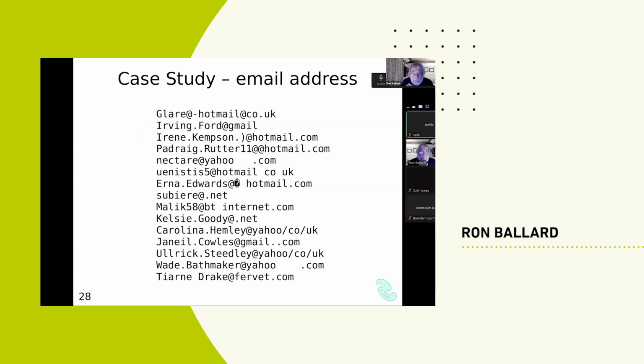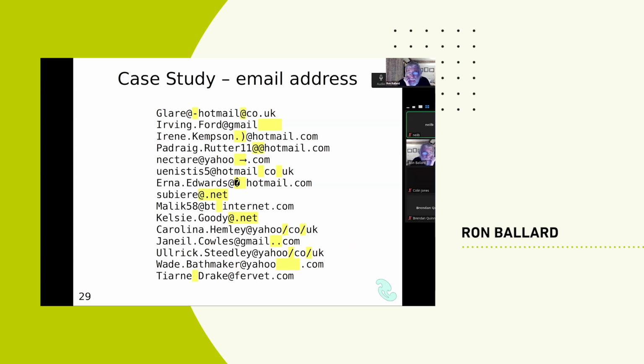It's not so easy to see the errors there, so I'll highlight them. Right. So that hyphen in the first one, and the fact that it's got 2 @ signs, that's a mistake. The next one's Gmail, nothing, should be gmail.com or whatever.